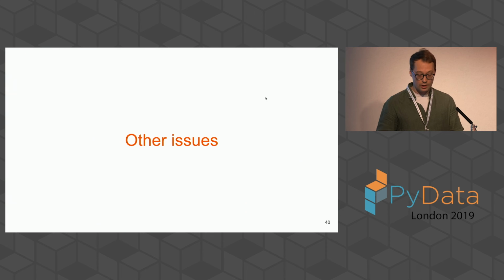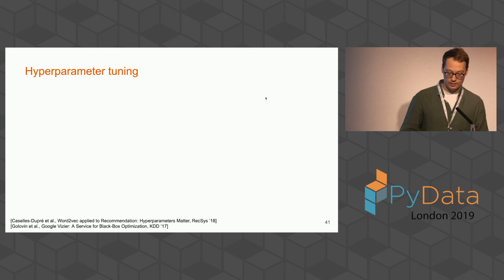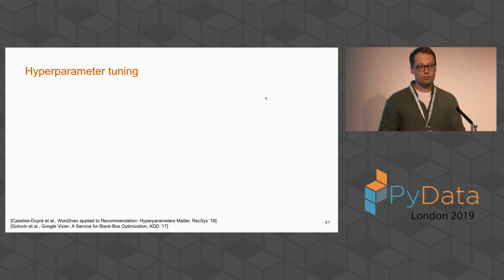Now I'd like to share a couple of considerations and conclusions we learned during development of this system. The first one is hyperparameter tuning. Whenever you have a machine learning model, you probably have to tune some hyperparameters, and the tuning does, in fact, improve the quality of your result, in our case, of our recommendations.